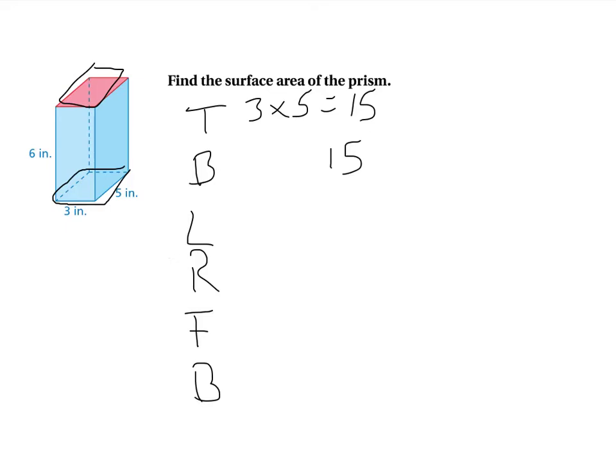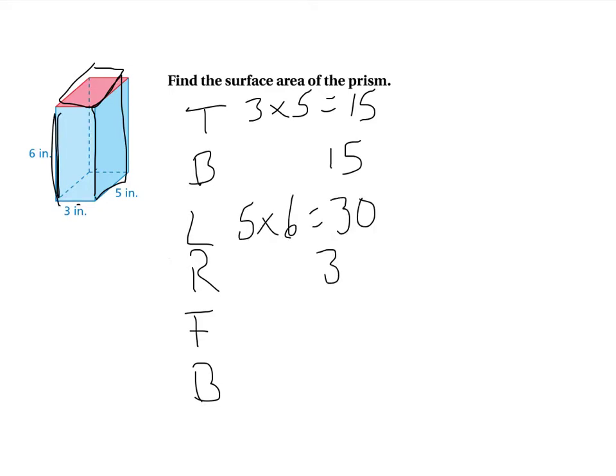The left and the right is this big one right here, and that's 5 by the height of 6, so it's 5 times 6, which is going to be 30. Add 30 to that. And then the front is 6 times 3 is 18.